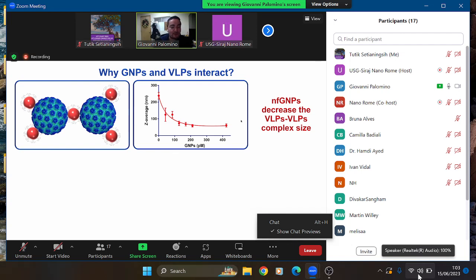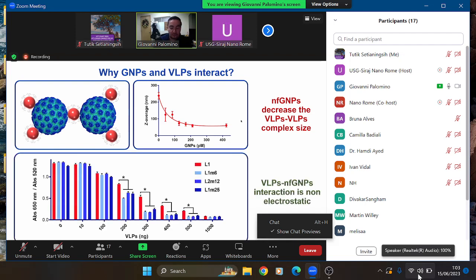So we decided to remove the positive charge on the virus-like particle surface. We produced mutants, changing the positive residues on the VLP surface. We performed the same aggregation assays with the mutant VLPs, increasing the concentration of the proteins, in this case, the mutant VLPs.